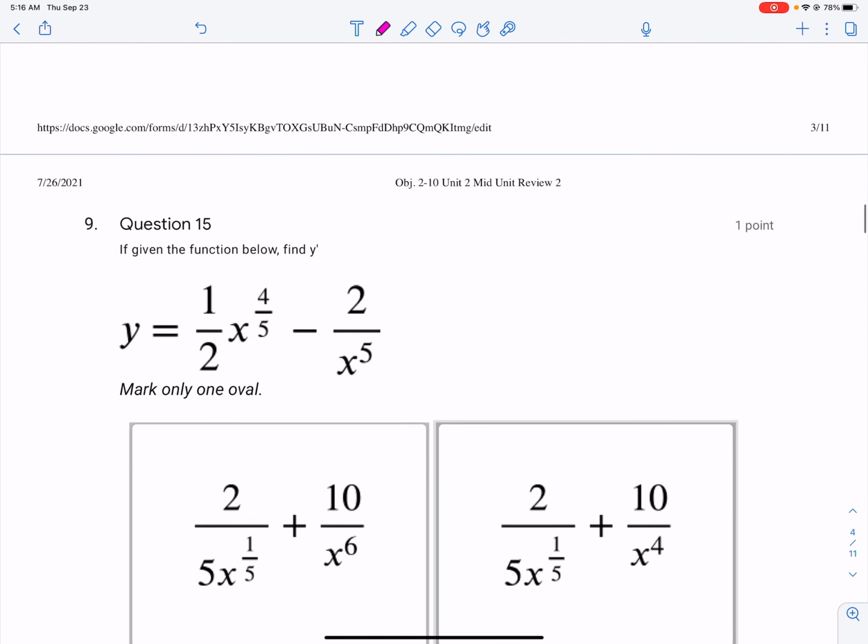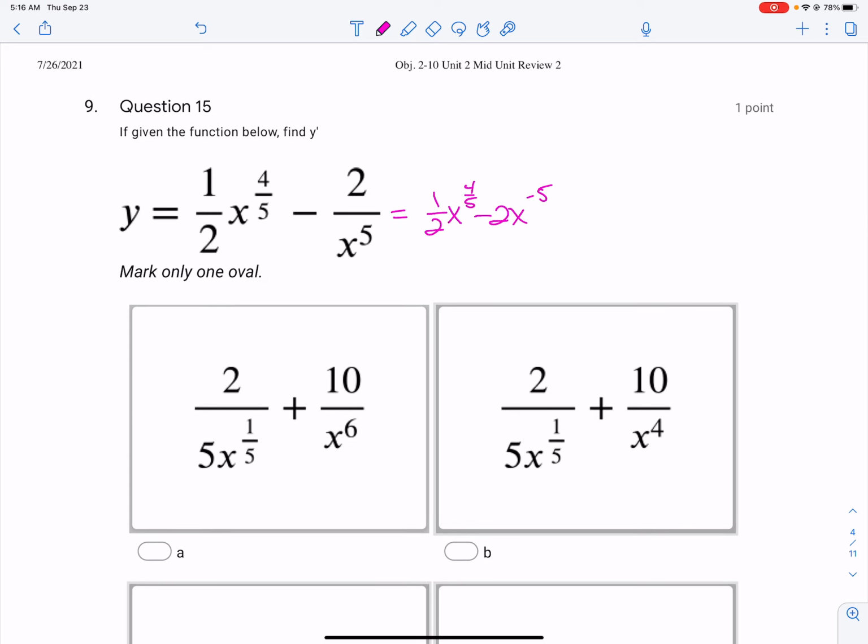All right, 15. So 1/2 x to the 4/5 minus 2x to the negative 5. So then the derivative, so not f, just kidding, y prime is 1/2 times 4/5 x to the negative 1/5 power, and then minus 2 times negative 5 x to the negative 6 power.